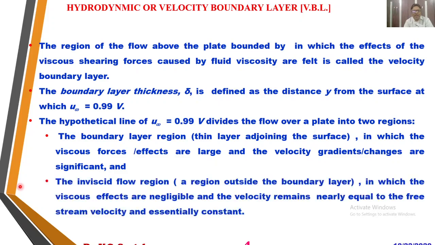The second region, above the velocity boundary layer, is the inviscid flow region. This is the region outside the boundary layer where viscous effects are negligible, velocity gradients are zero, and the velocity remains nearly equal to the free stream velocity and essentially constant.